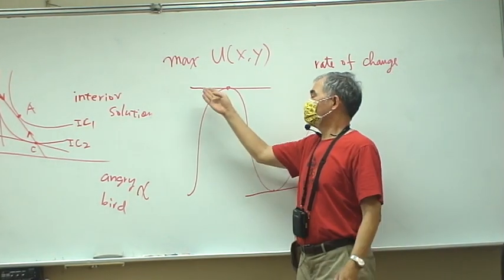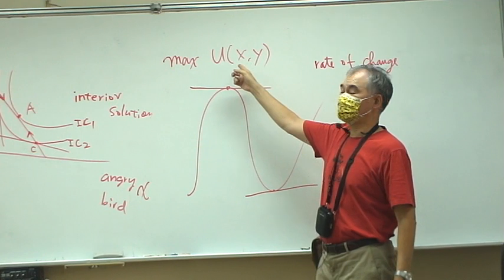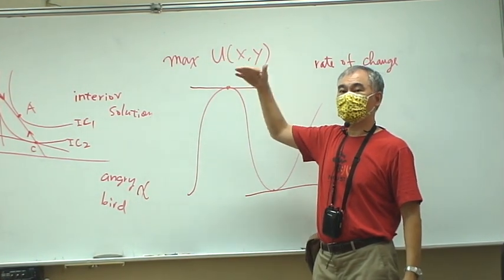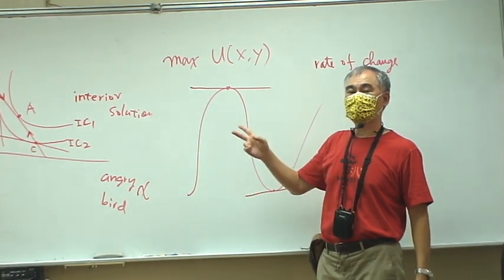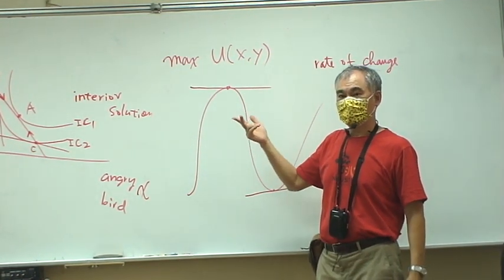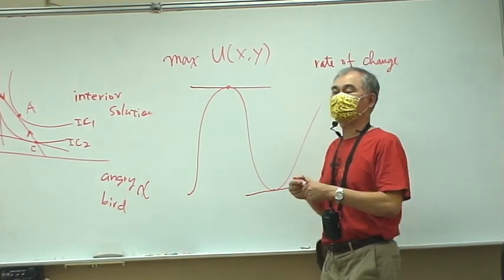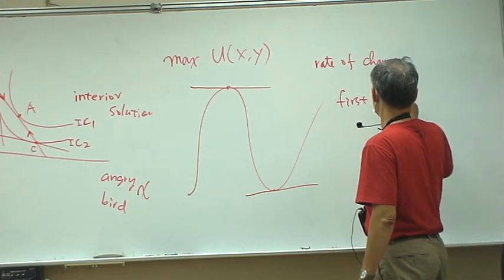If you find the slope of this function and you want to know whether it's a maximum or a minimum, then you have to check another rate of change. So this one is what we call the first order condition.